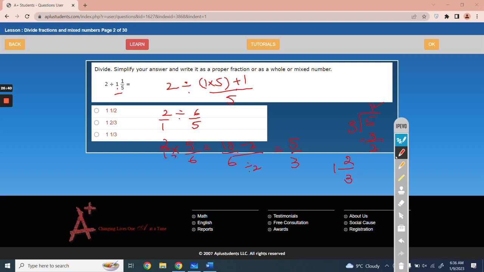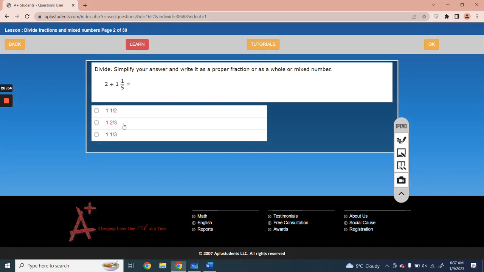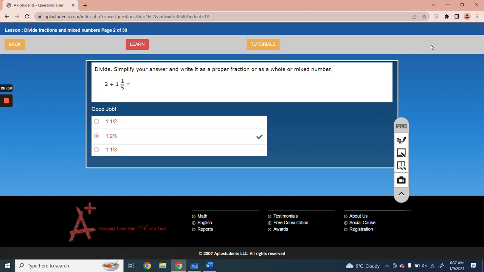So just divide the 5 by 3. 5 divided by 3 is 1 whole 2 over 3. So just select the correct option and click on the OK button. 1 whole 2 over 3.